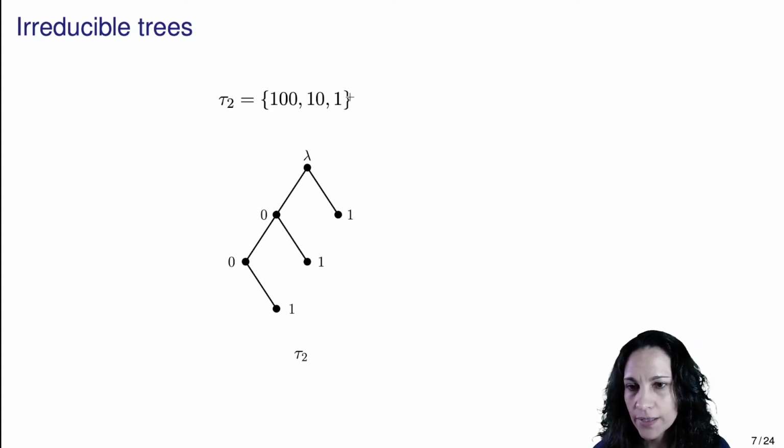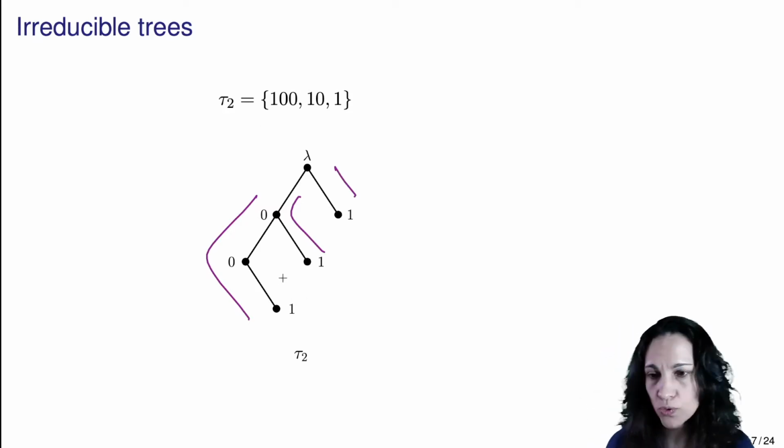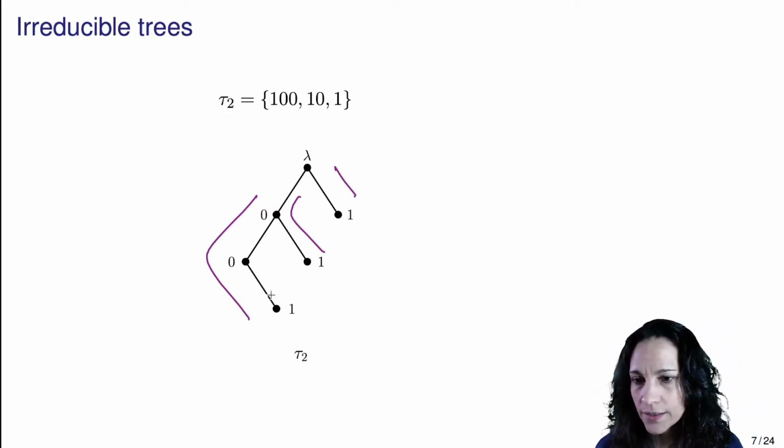Here we have tau2, where one more time we have 1, 0, 0, 1, 0, and 1. Observe that tau2 is not an irreducible tree because we can simply remove this symbol 1 here and we obtain a tree. So we do not violate the suffix property.